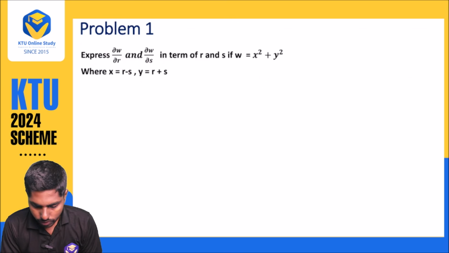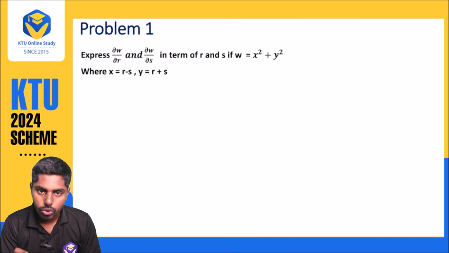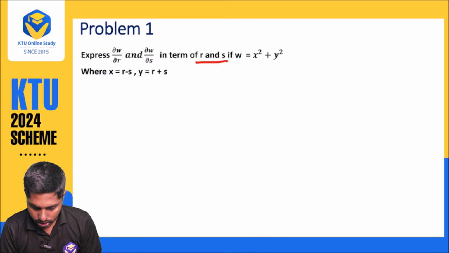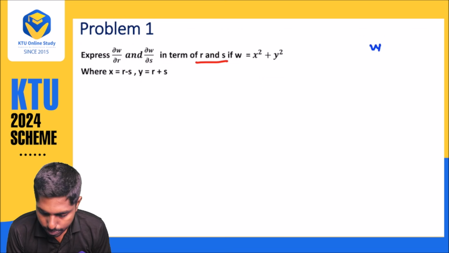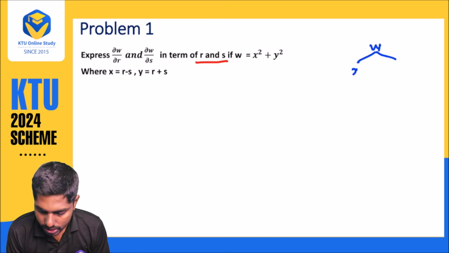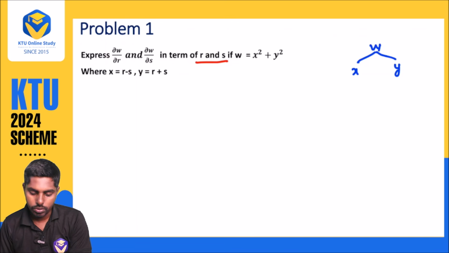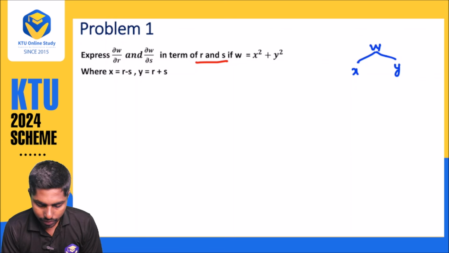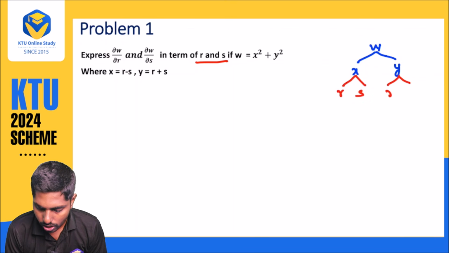Just observe what they have asked: dou w divided by dou r and dou w divided by dou x in terms of r and x. Here w is depending upon two variables, x and y. And similarly x is depending upon two variables, r and x; y is also depending upon r and x.